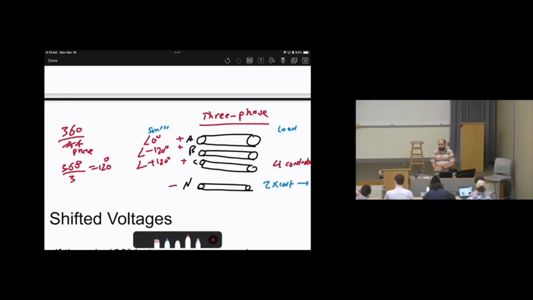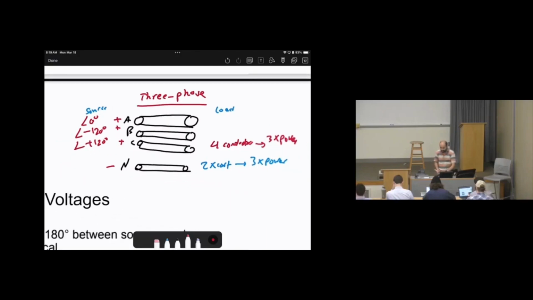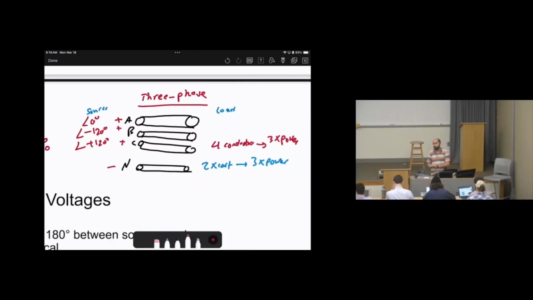Now, with the three-phase, we found life is much easier. We can connect 3 times the power by doubling the cost. And when we connect power over what we call transmission lines at high voltages, where we will not connect the load, if you transmit the power from one side to the other side, with no connection in between, during the high voltage scale we can get rid of the neutral and use only 3-phase alone.